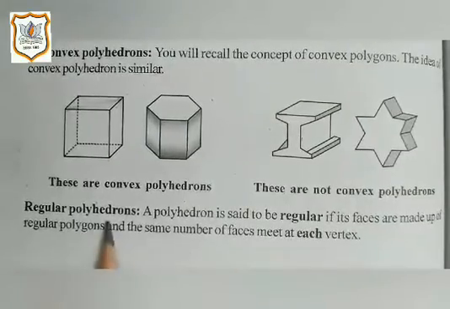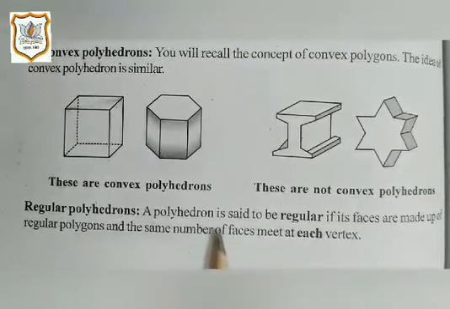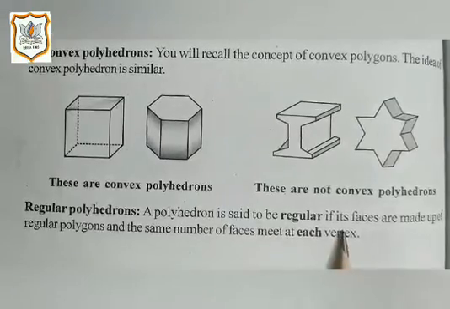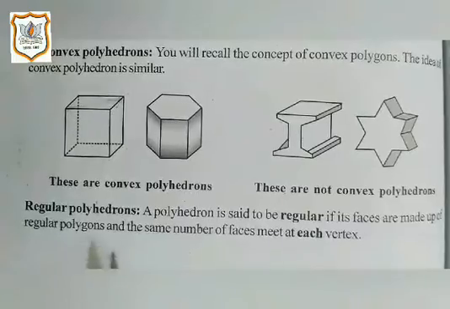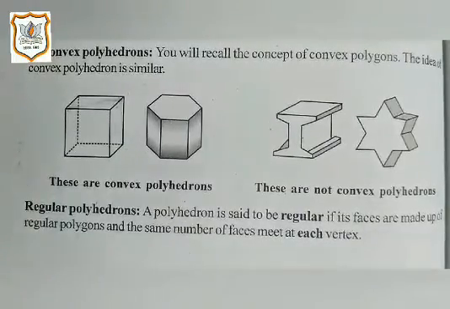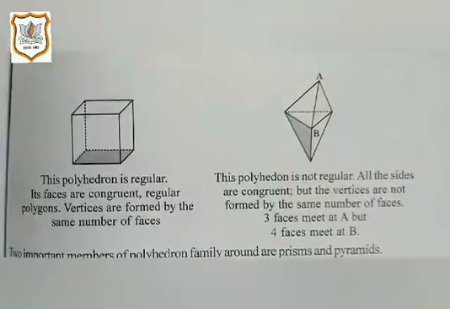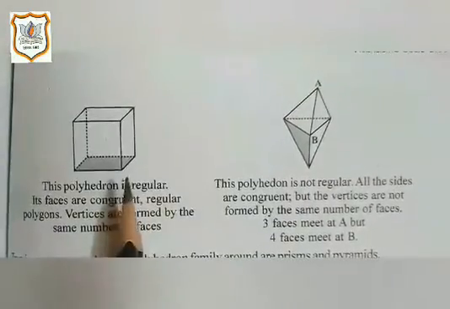Next, regular polyhedrons. A polyhedron is said to be regular if its faces are made up of regular polygons and the same number of faces meet at each vertex. Students, you can see this cube.